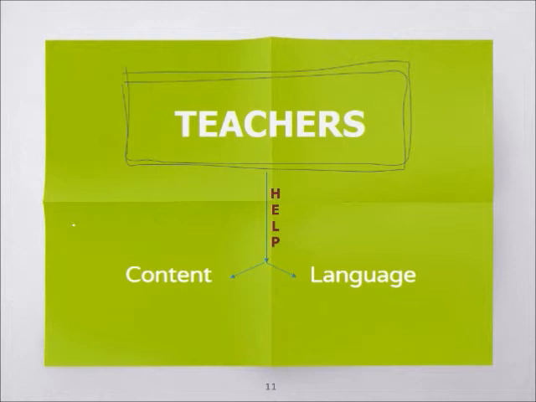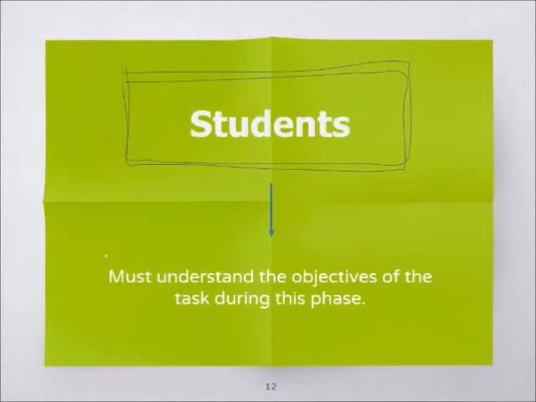This can be done by activating students' general knowledge on a certain topic and by helping students anticipate the type of language they will need to perform the task proposed. It is extremely important that students understand the objectives of the task during this phase.